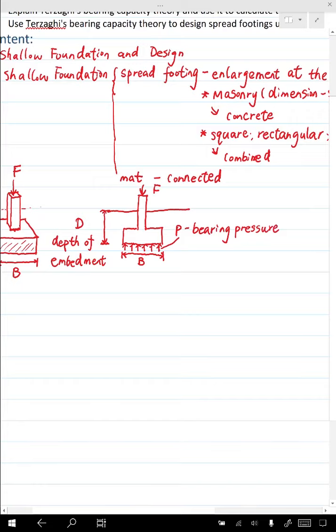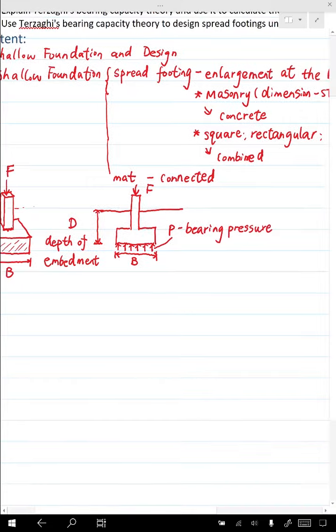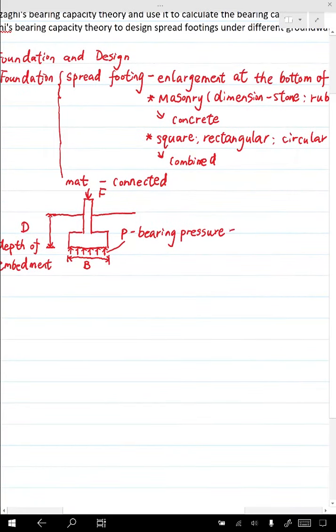It's actually the resisting pressure provided by the soil to sustain the superstructure, the column. So if you do the static analysis, you'll find that P equals F, the total force, divided by A. A is the contact area, so it's the area of the bottom of the spread footing.